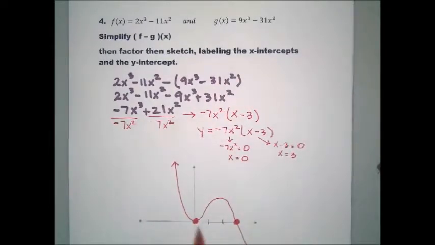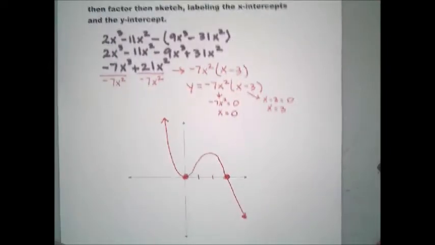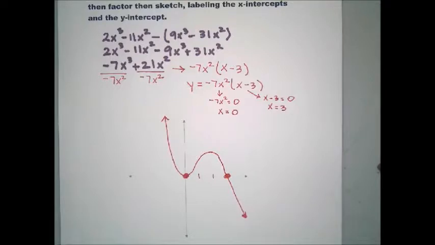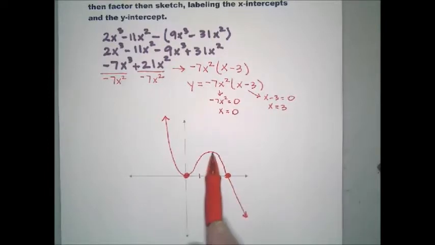X equals 0 was a bounce because it was coming from a double, and x equals 3 was a pass-through because it was coming from a single. And that's what the equation looks like. It does go high to low like it's supposed to, and it has a turn up here somewhere. We don't really know where it is. It's not in the scope of this class to figure out where that turn is, but it is a relative maximum.